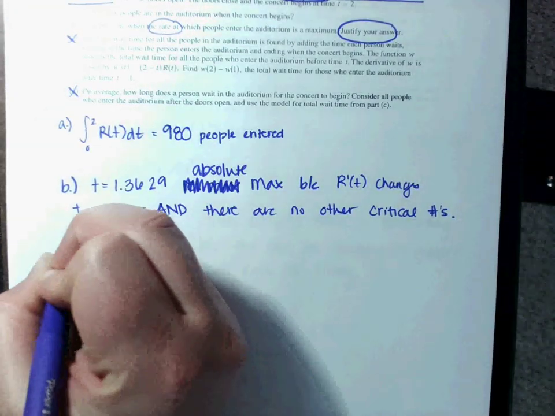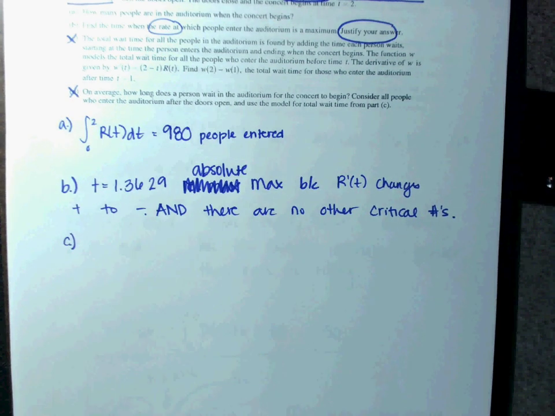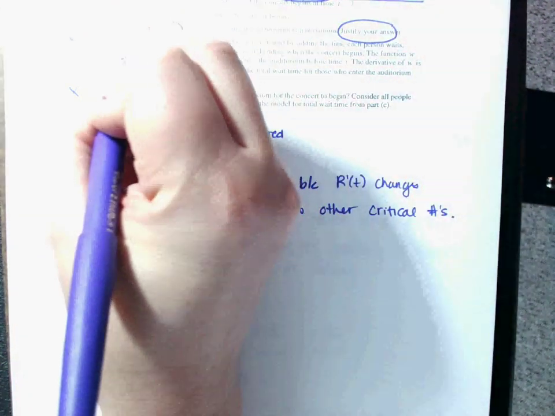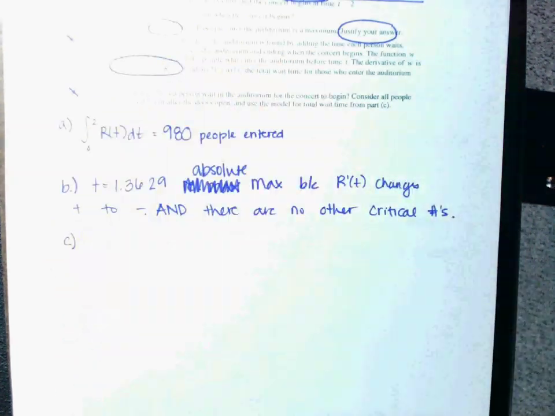But let's read carefully through part C. The total wait time for all the people in the auditorium is found by adding the time each person waits, starting at the time the person enters the auditorium and ending when the concert begins. The function W models the total wait time for all the people who enter the auditorium before time t. The derivative of W is given by this.